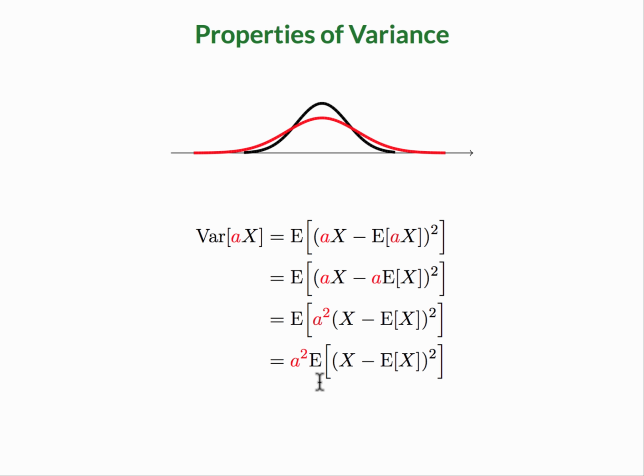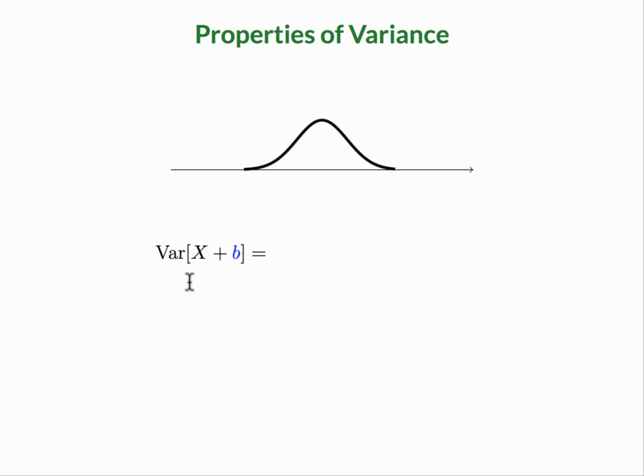Now what I have left inside the expected value is just the variance of the random variable x that I started with. So we see that the variance of a times x is a squared times the variance of x. The variance changes by a factor of a squared when the random variable is multiplied by a.